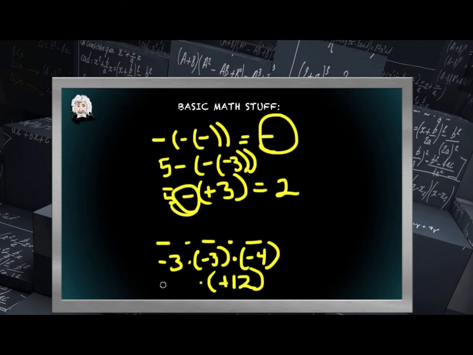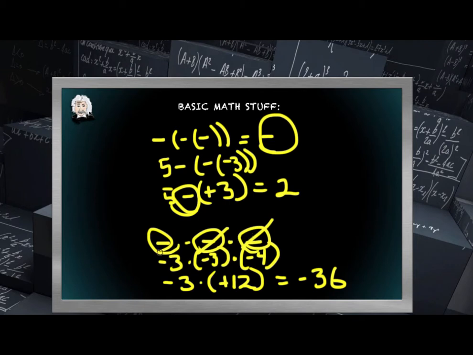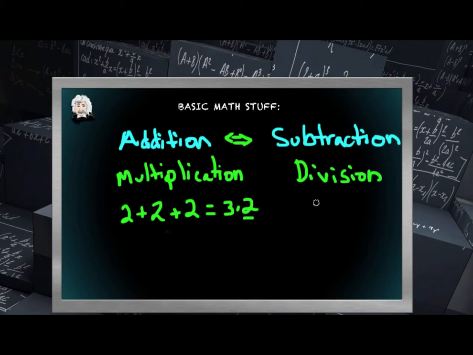And we're multiplying that in turn by minus 3, so that really becomes negative 36. So of the 3 negatives, we know 2 of them cancel to become a positive, leaving 1 negative, which remains for a resulting value, negative 36.